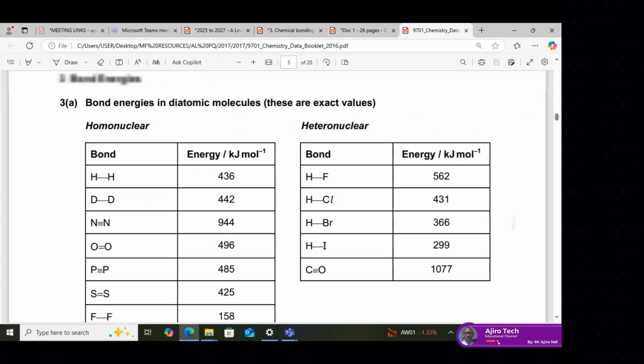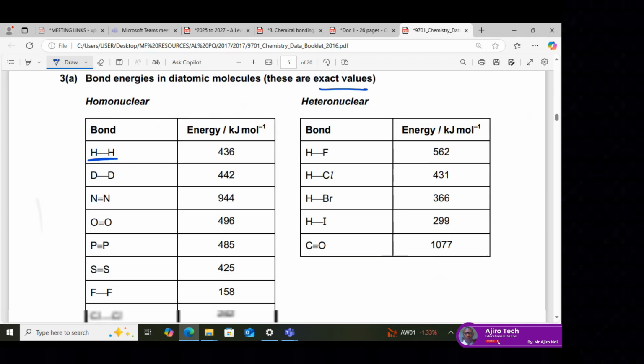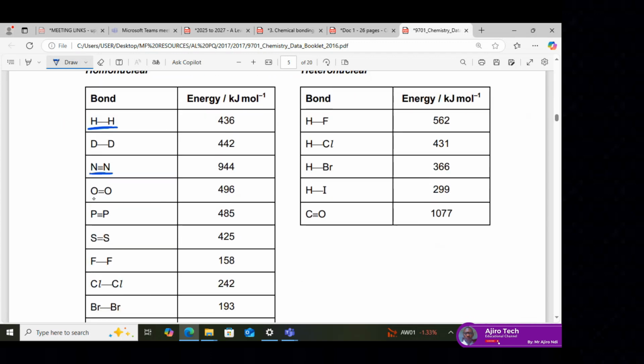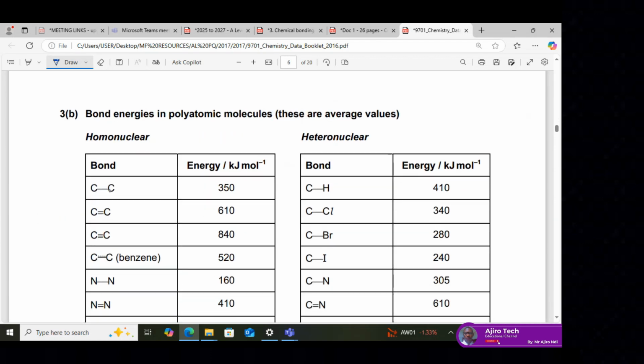Now look at this one. These are exact values. Why? There is only one type of hydrogen, one type of nitrogen, one type of oxygen. But when it comes to this one, there are many types of carbon.